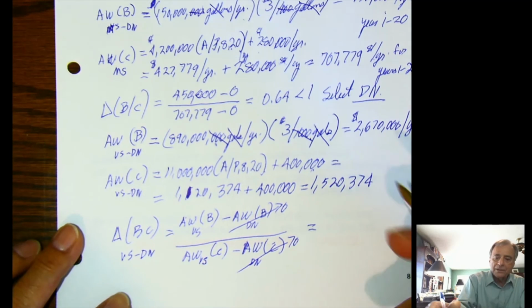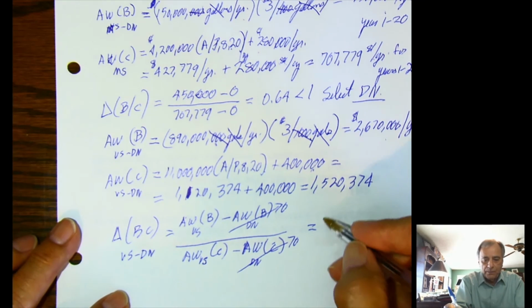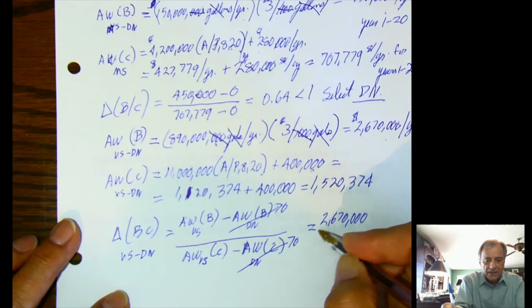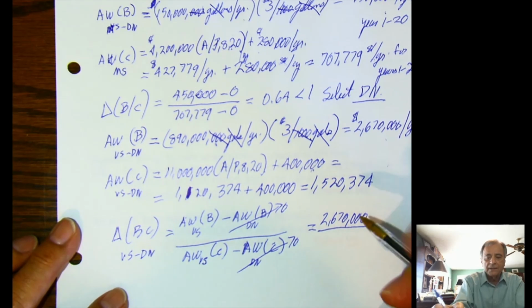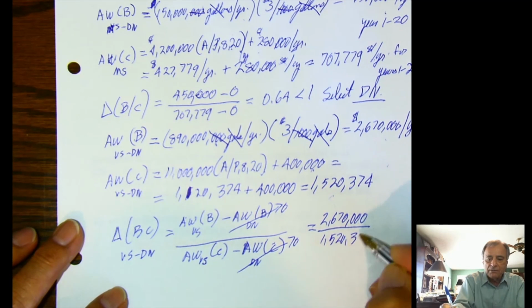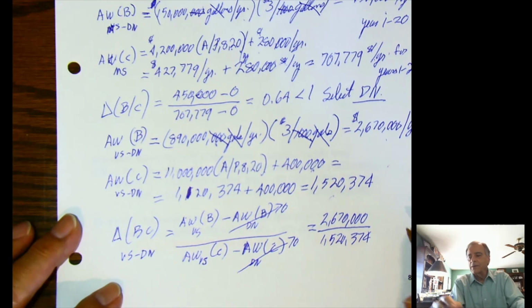So that's just going to be 2,670,000. That's the benefits of the valley site. And then the cost is 1,520,374.